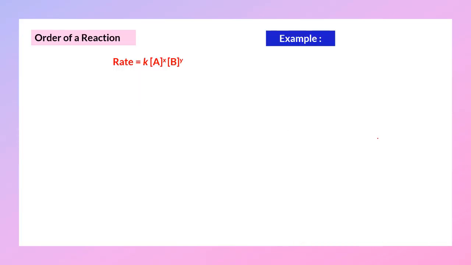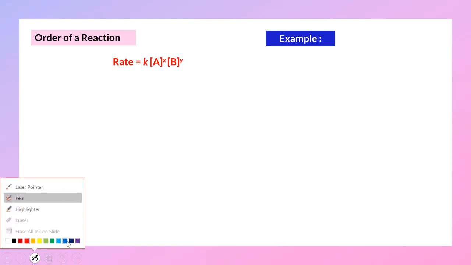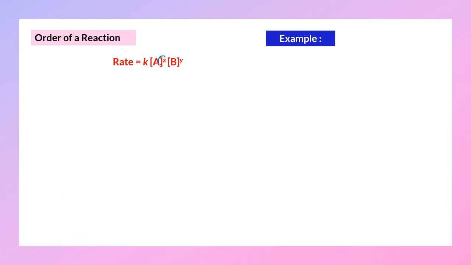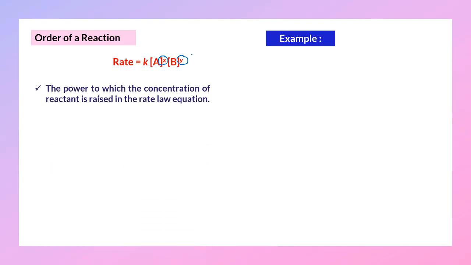So what is order of reaction? If you look at the general equation, you can see here x and y are called the order of a reaction. So what is order of a reaction actually? It is the power to which the concentration of reactant is raised in the rate law equation.